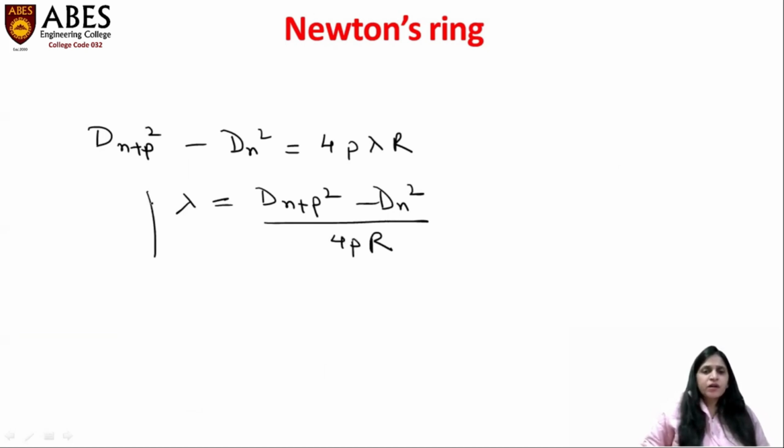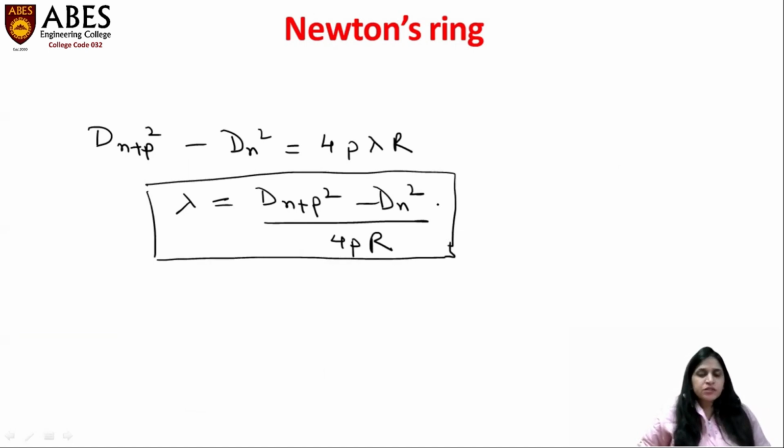This is the formula for calculating the wavelength of sodium light using Newton's ring, and in that also we are using the diameter of the Newton's ring. And this formula is also equally true for bright rings.